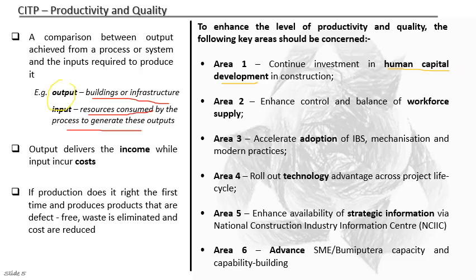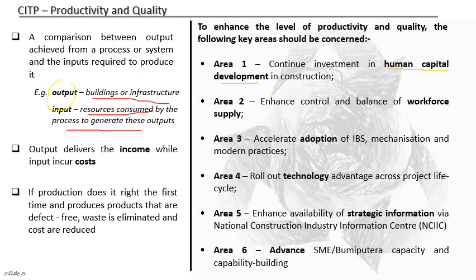If you want to use IBS, you need skilled workers. So there is a mismatch in that area. We have a lot of low skilled workers, however we are moving towards IBS. So we need to improve on that element by looking at how we can improve the training programs and upgrade the skills of the workers so that we can use IBS in our projects. That's what the first area is all about.